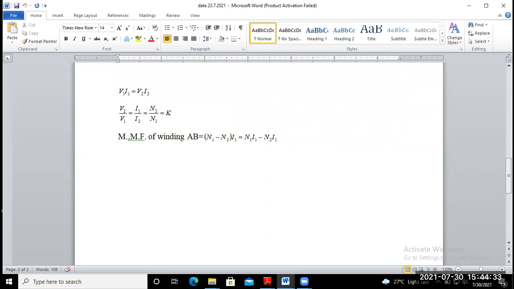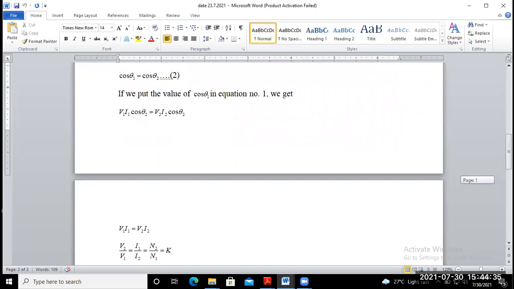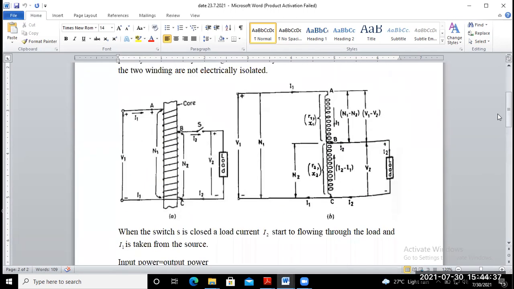From the figure, you observe that it is nothing but N1 minus N2. The number of turns of the winding AB is N1 minus N2, and the current flowing through this winding AB is I1. So the mmf of winding AB equals the number of turns into current, that means N1 minus N2 into I1.